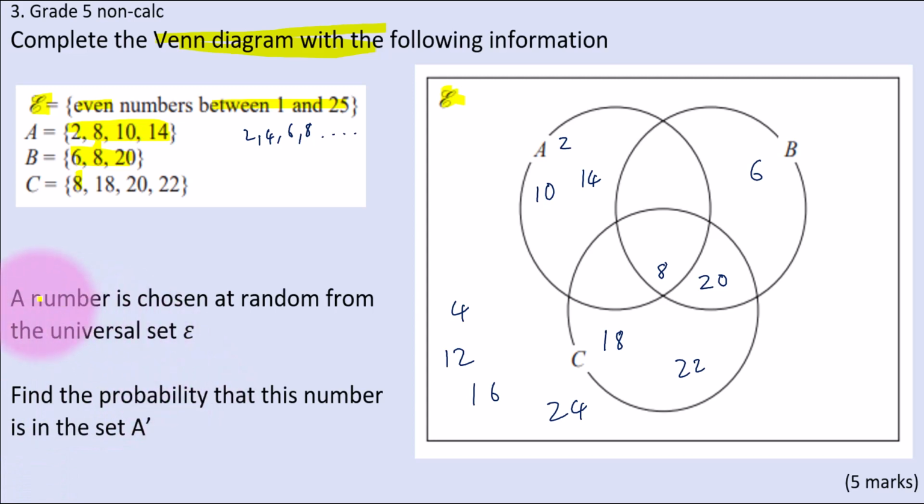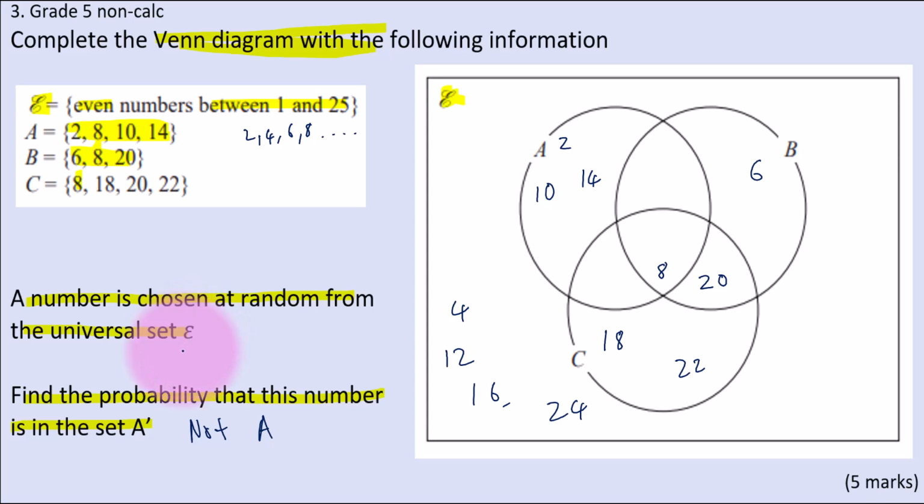A number is chosen at random from the universal set E. Find the probability that this number is in the set. Now this symbol here means not A. That means it's not in A. A number is chosen at random, so that means how many numbers are between 1 and 25.